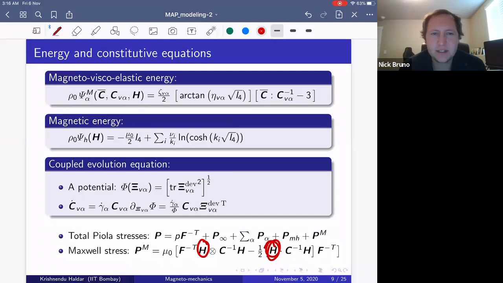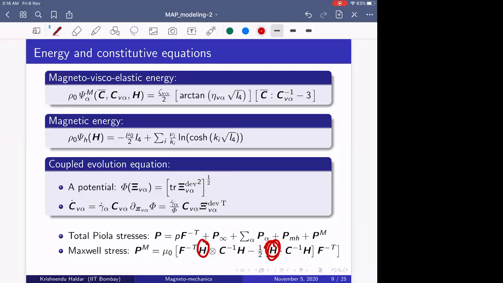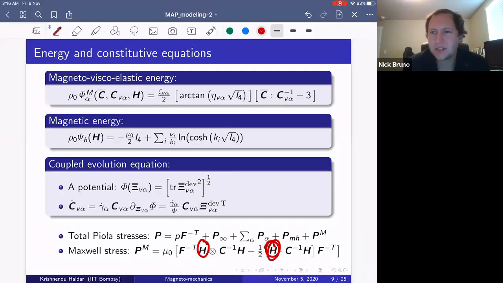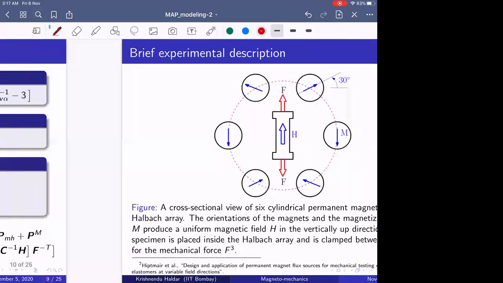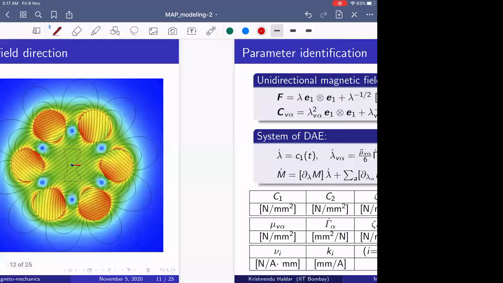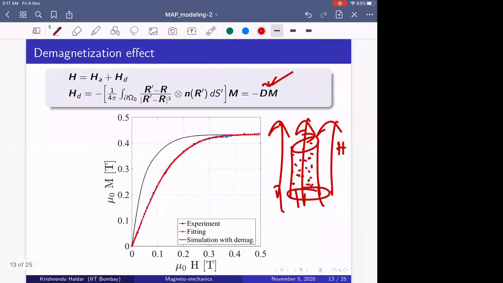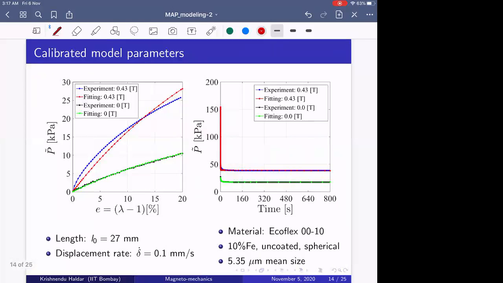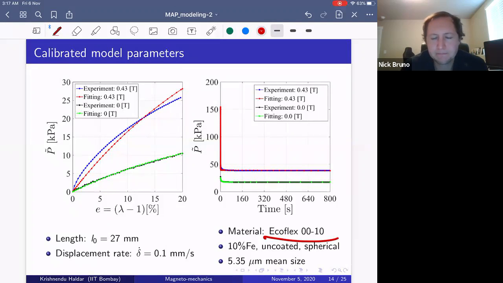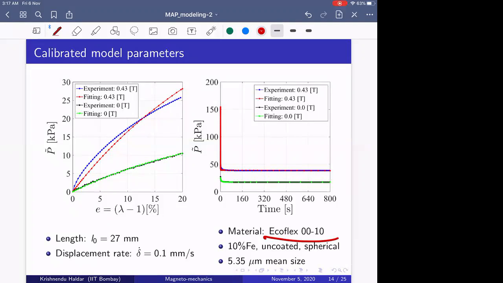I see. That is a very interesting thing. Exactly. Is this a specific material? What polymer is this? I think you said it had iron particles. Yeah, this is Ecoflex polymer. This is a commercial name though. When I touch the material, it is really very soft, rubber-like. And yes, the iron particles are like a 10% filler.